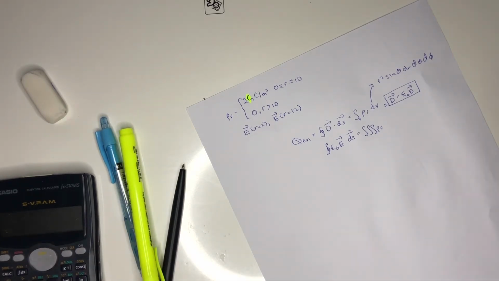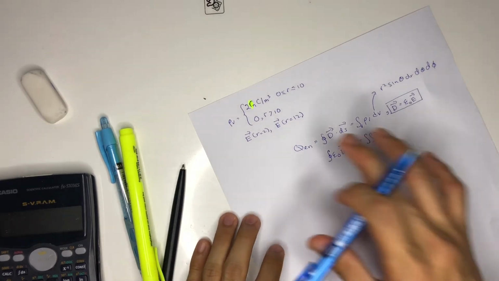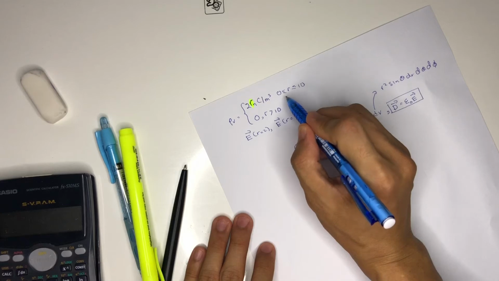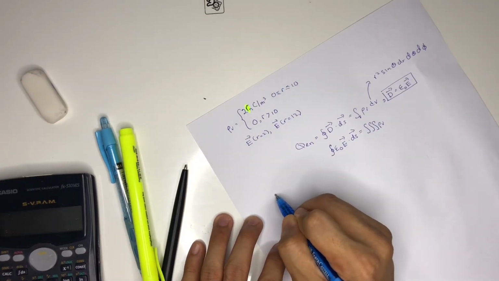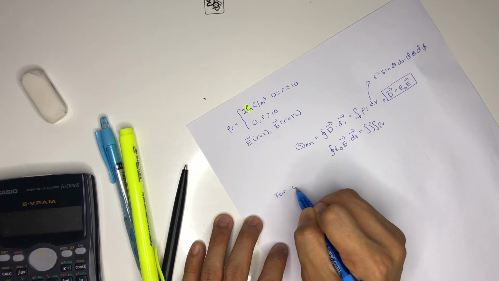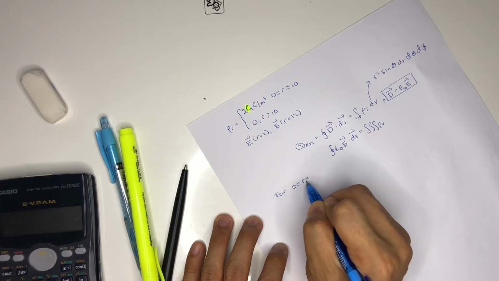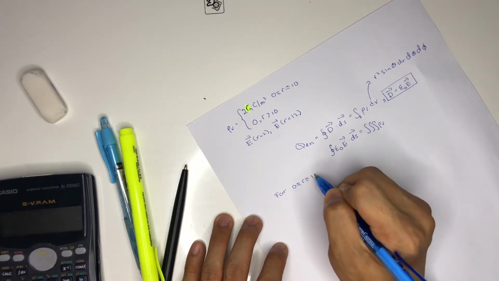Now let us first consider the first condition according to the boundary. Let us consider this condition, for r from 0 to 10.